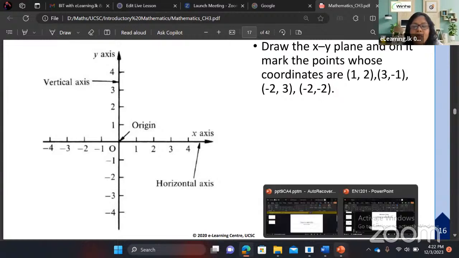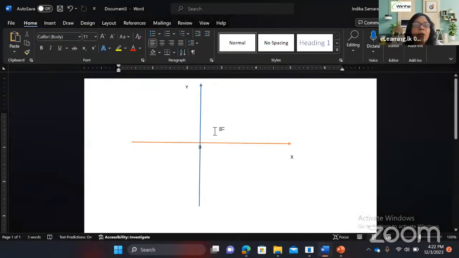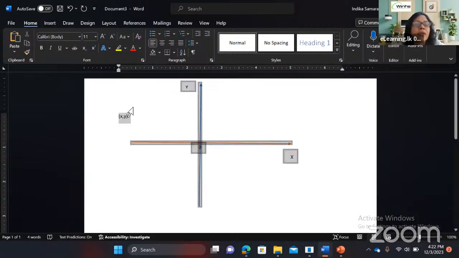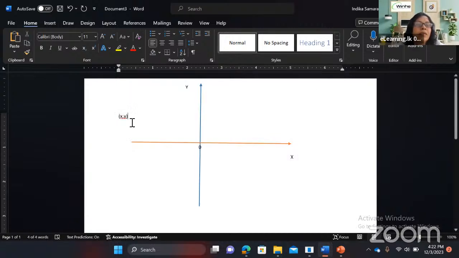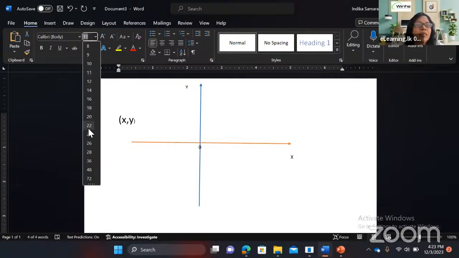Right. Then how do we represent a point on these axes? We normally represent it within brackets in the form of x comma y, right? Always we write the x value first, then the y value.